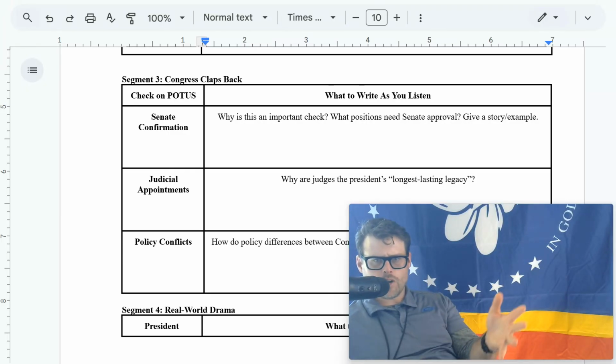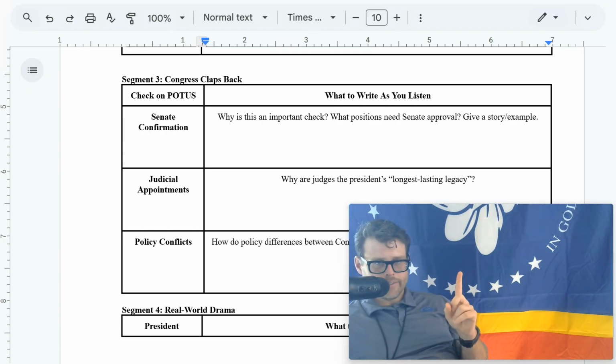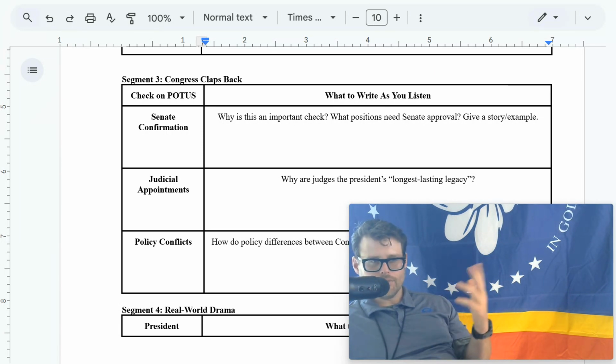Ever hear of Robert Bork? Oh, I know you haven't. Robert Bork. President Reagan, in the 80s, tried to put him on the Supreme Court in 1987. This is over 37 years ago or so.